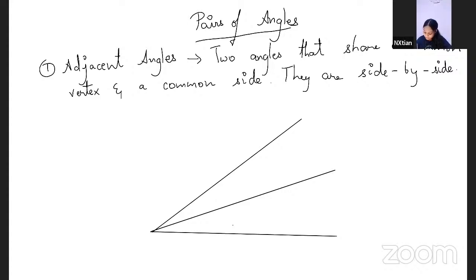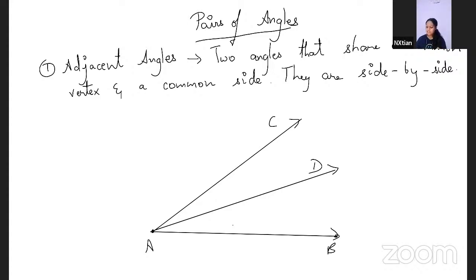In this figure, I have a line segment AB, and let's name the other CD.